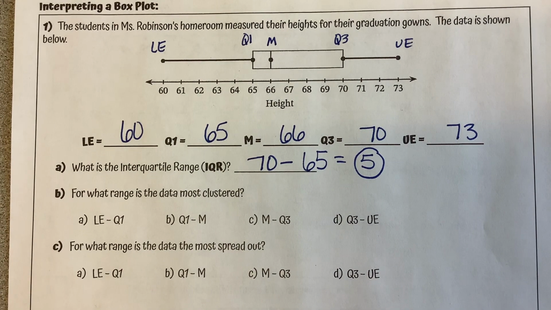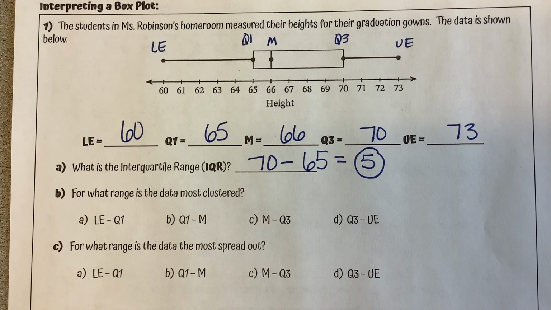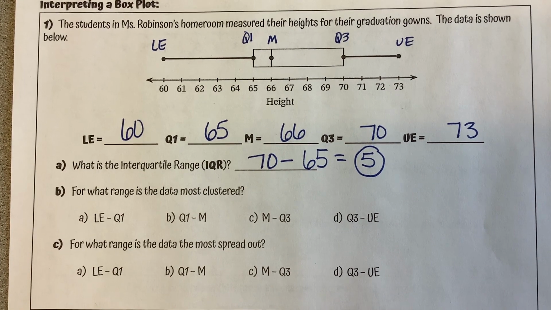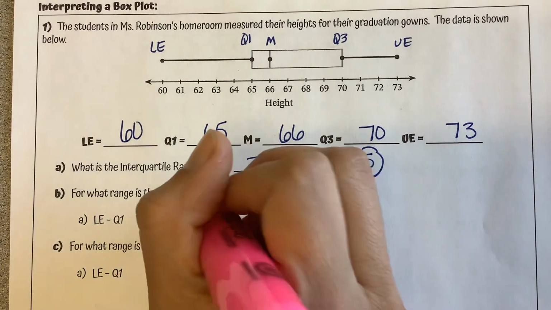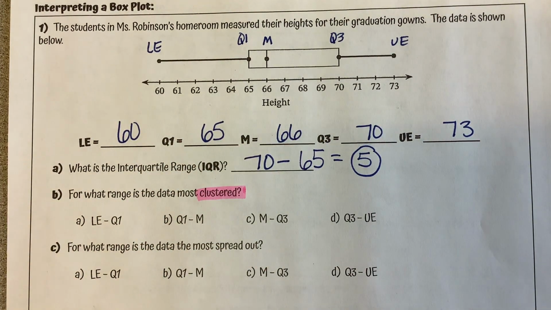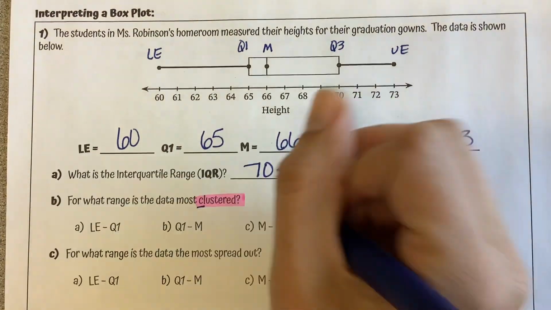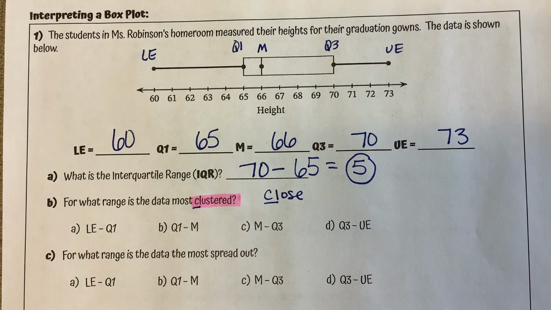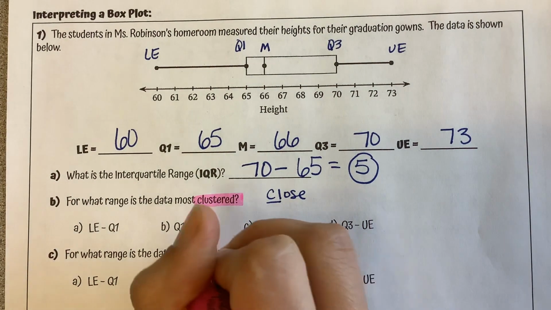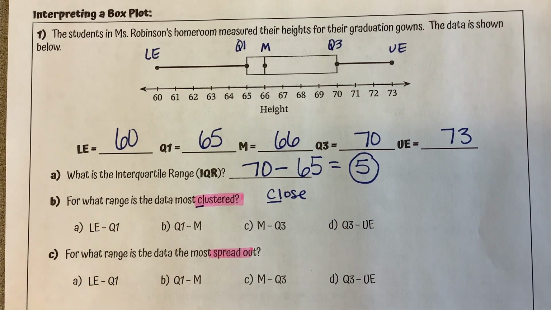Now we're looking at the ranges. For what range is it the most clustered and spread out? So, remembering clustered, CL, in my opinion, reminds me of CL for closest together versus most spread out. So I'm going to highlight my 4 ranges.